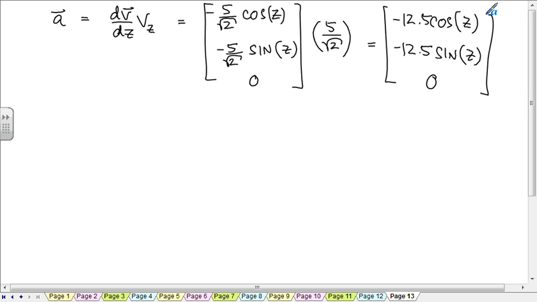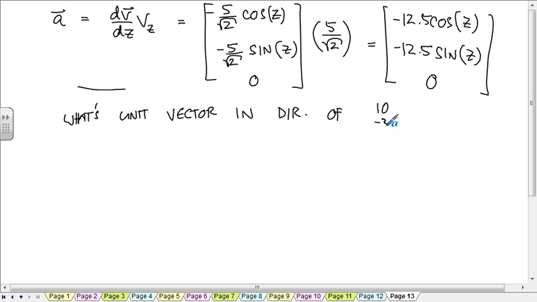What's the purpose behind the magnitude? Why is that step factored in there? That's to get the unit vector. There's a little refresher on all that stuff in the vector review that's posted. But if you have a vector, like, what's a unit vector in the direction of (10, -3, 1)?